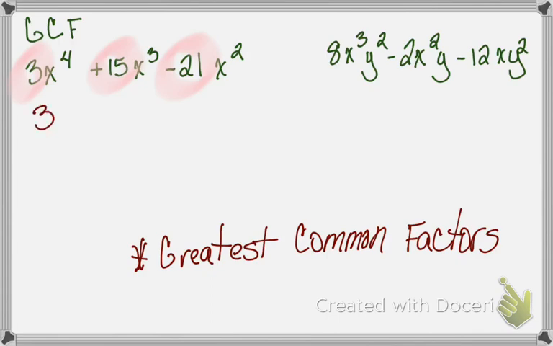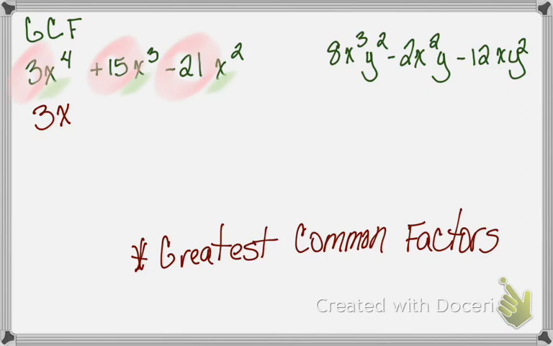Now, the next thing that I look at is my variables. So in this one right here, I have x to the 4th, I have x to the 3rd, and I have x squared. Now, there is an x in every single one of them. So I know that I can take out at least an x to the 1st.